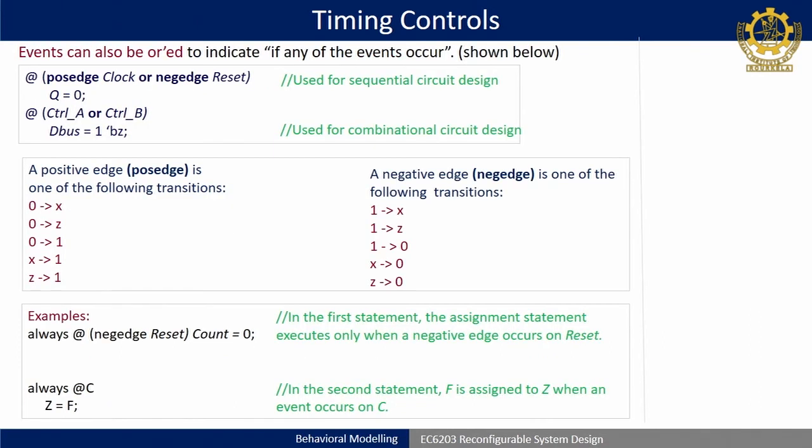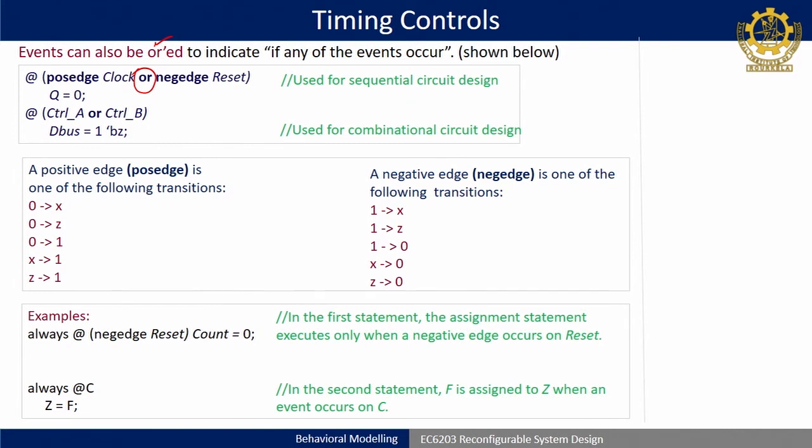Now, another example: you can also OR two events in the same definition, like posedge of clock or negedge of reset. If it is OR, it means if either of these is true, then the statement will be executed. That means either clock is positive edge triggered or reset is negative edge triggered, going from high to low.